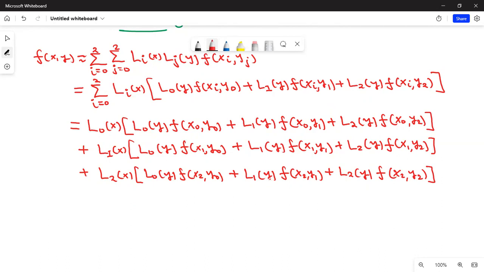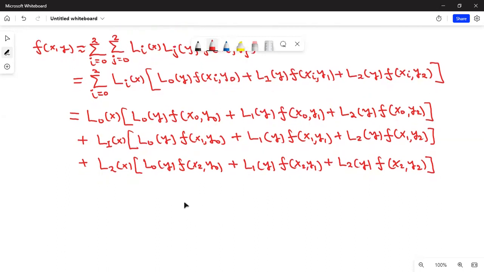Now, let's see how to find those coefficients. We're going to start with the L as a function of x, and then the L as a function of y. Let's start with L0 of x.